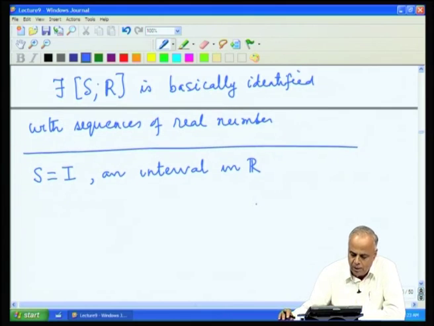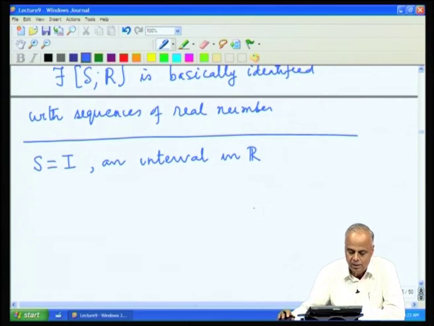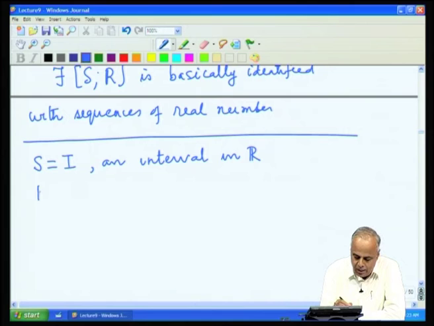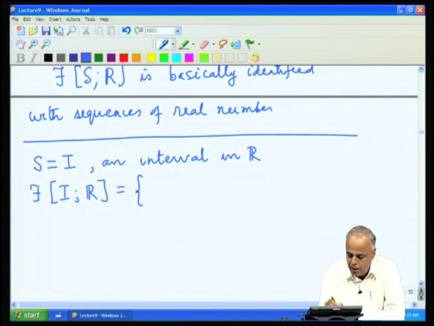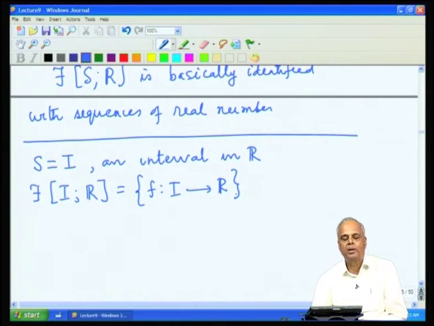So let I be some interval on the real line, and let us take the collection of all functions from I to R. This is the collection of all functions which associate a real number with each point in the interval I. Thus we have the collection of real valued functions on I.